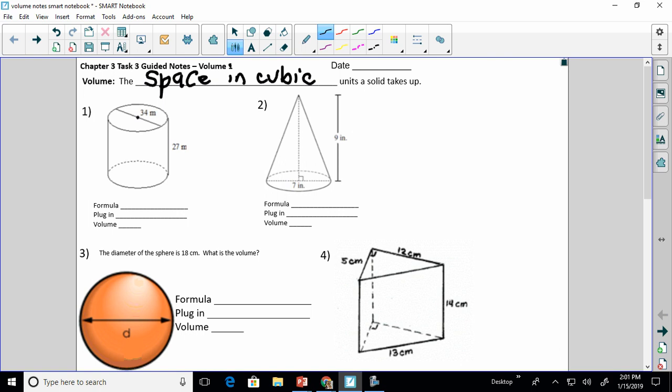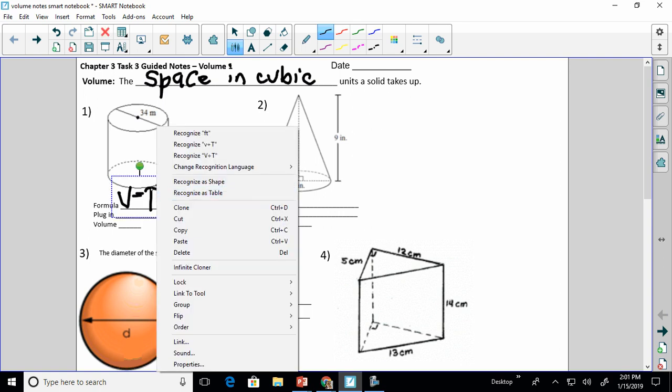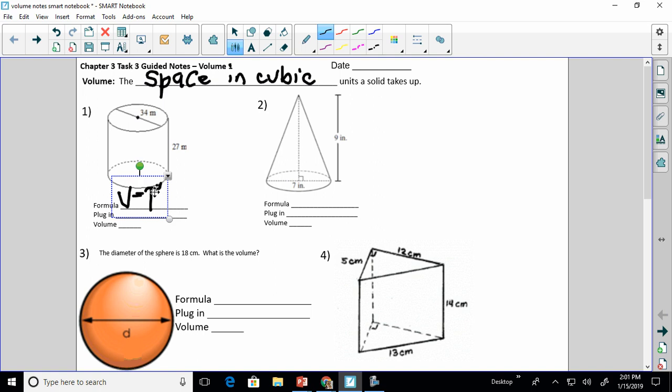Let's look at the first one here. This first shape, hopefully you know, is a cylinder. If you look at your reference sheet, the formula is volume equals pi r squared times the height. You need to know r.